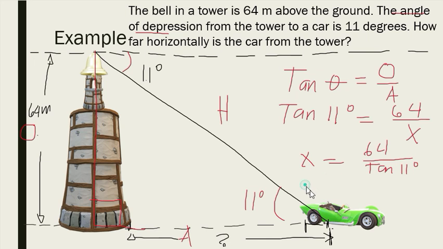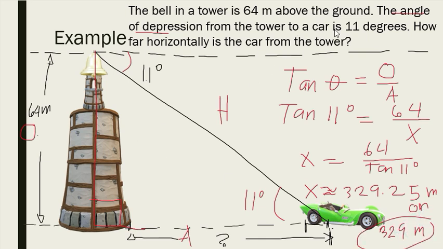So x is 329.25, and that's meters. This should be approximately equal to, or we need to make that into a whole number. Therefore, it is 329 meters.